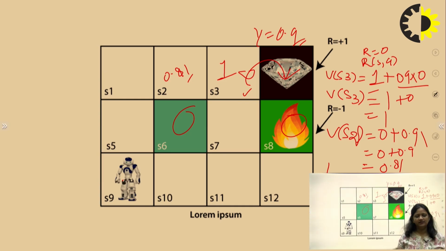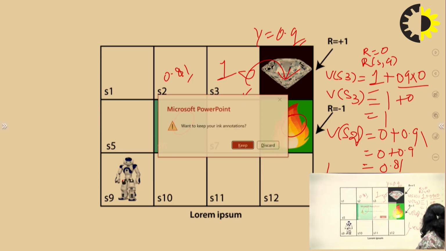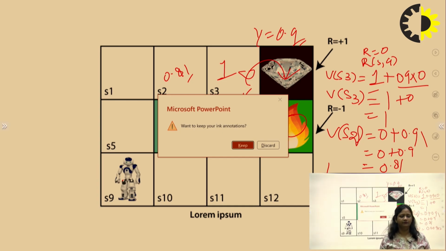The reward in this case is also 0 plus the discount factor times the value of the previous cell, that is 0.81, and we calculate the value.